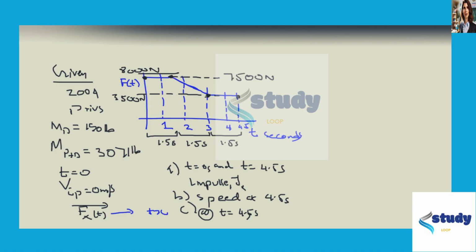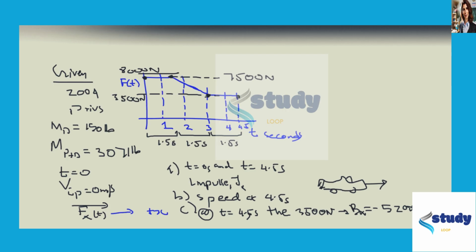So at t equals 4.5 seconds, the 3,500 newton force is replaced by a braking force, which we call Bx, and it's negative 5,200 newtons. So the braking force is applied to the Prius. Think about a Prius moving this way.